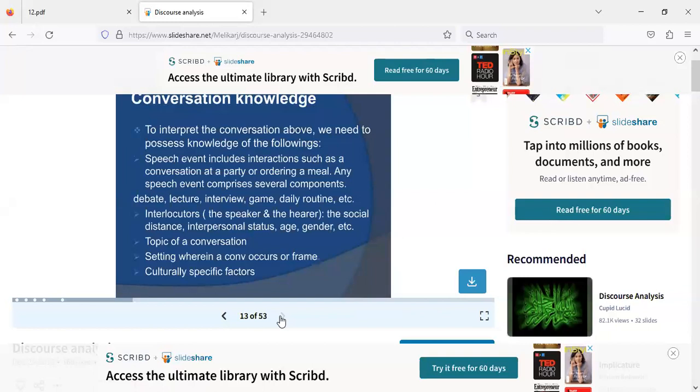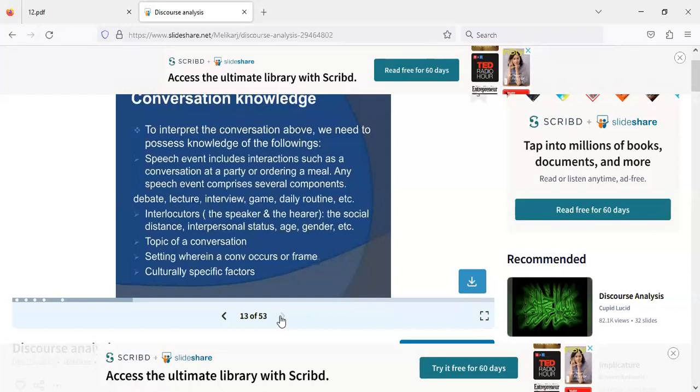We call it context. We need to identify the context there. Any speech event comprises several components, like a debate, a lecture, an interview, or something like a game or daily routine. So the conversations will be there.